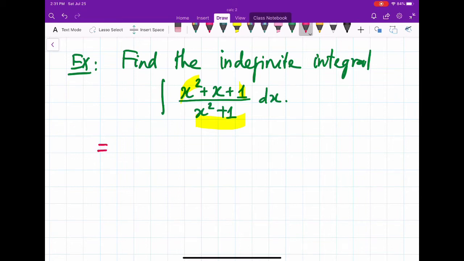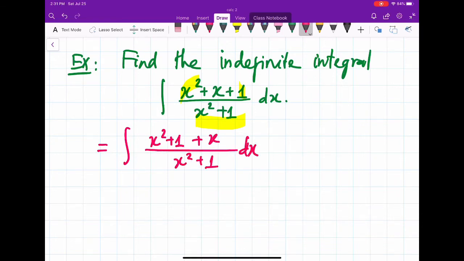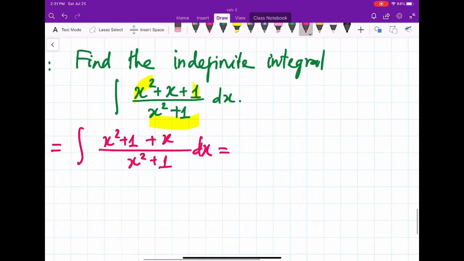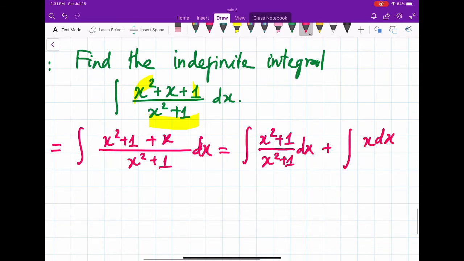So I write the integral of x squared plus 1 plus x over x squared plus 1 dx. And that is the integral of x squared plus 1 over x squared plus 1 dx plus the integral of x dx over x squared plus 1.